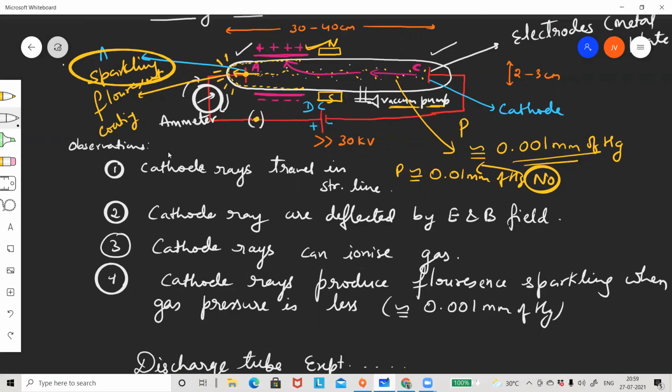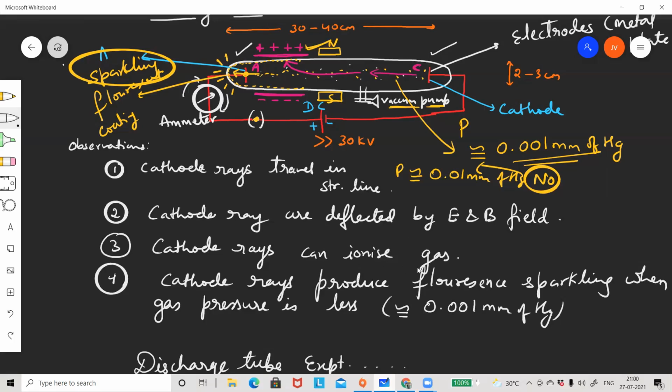So they deflected. That's why I said cathode rays are deflected by electric field as well as magnetic field. That means these are electrically charged. That is a hint that whatever rays were produced from the cathode to the anode, they are electrically charged. That's why they are affected by electric and magnetic fields.